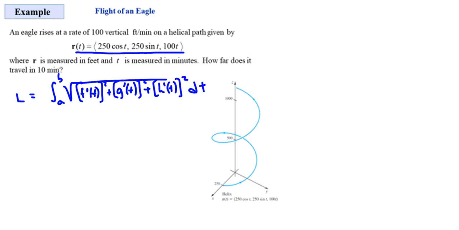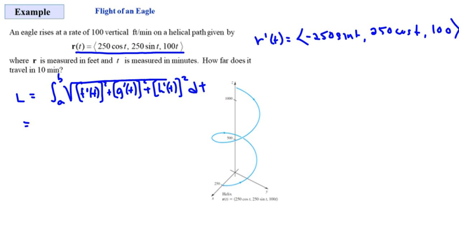Okay, so let's find f, g, and h. The f is 250 cosine, so r prime of t will be negative 250 sine. Then we have 250 cosine, and then we have 100.